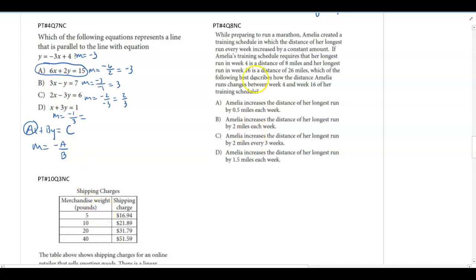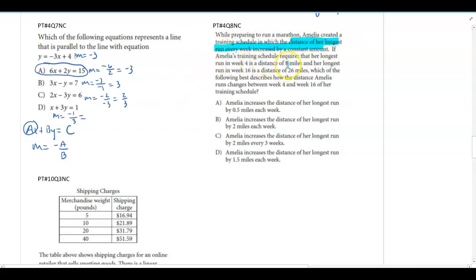The next one. While preparing to run a marathon, Amelia created a training schedule in which the distance of her longest run every week increased by a constant amount. So right here, that phrase is basically hinting at slope.